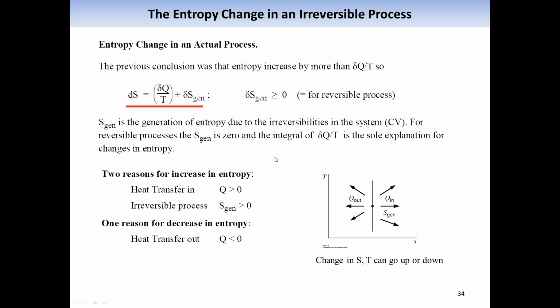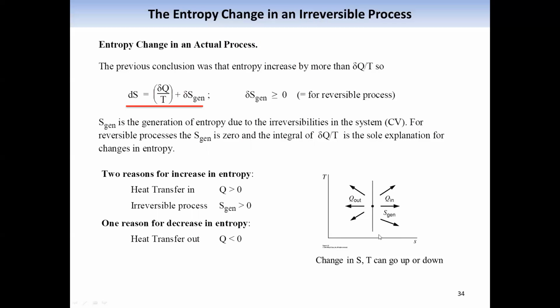So if we draw what we just discussed on the TS diagram, if we start from a state as this dot on the TS diagram, the change can be in any direction on the TS diagram.